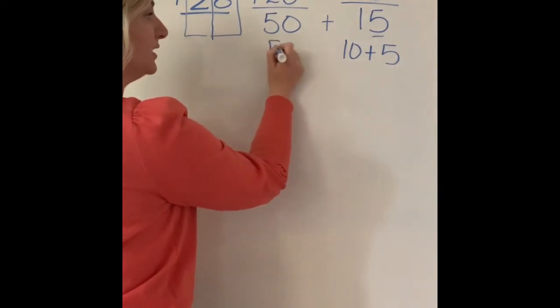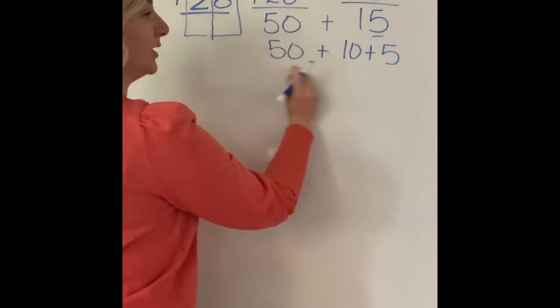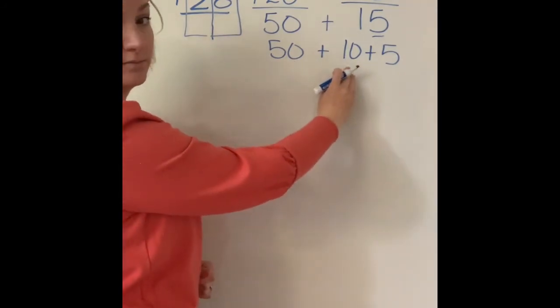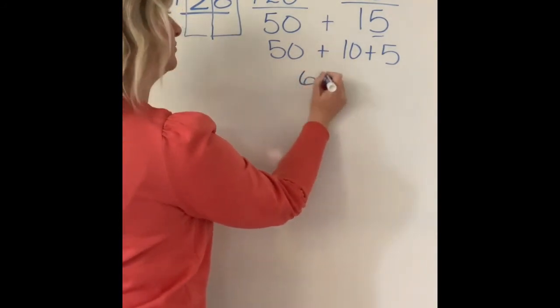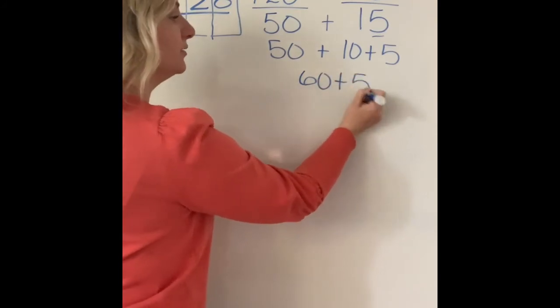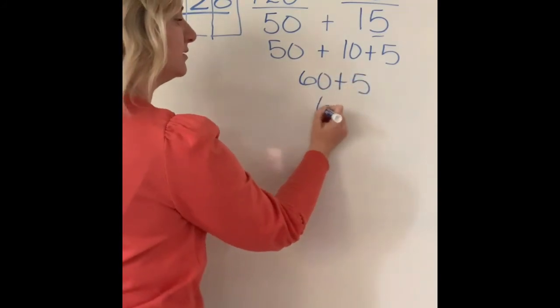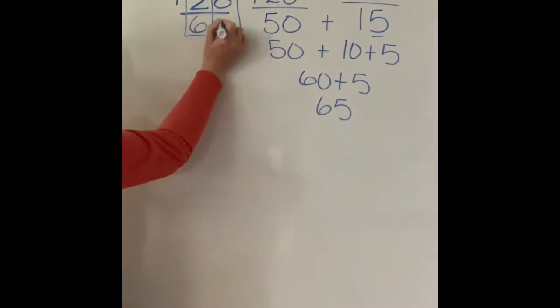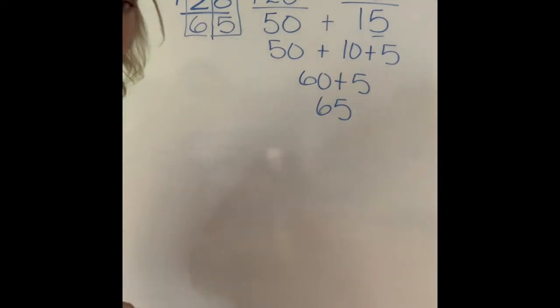So I have 50 plus 10 plus 5. So 50 plus 10 is 60. Plus 5 more is 65. So 37 plus 28 equals 65.